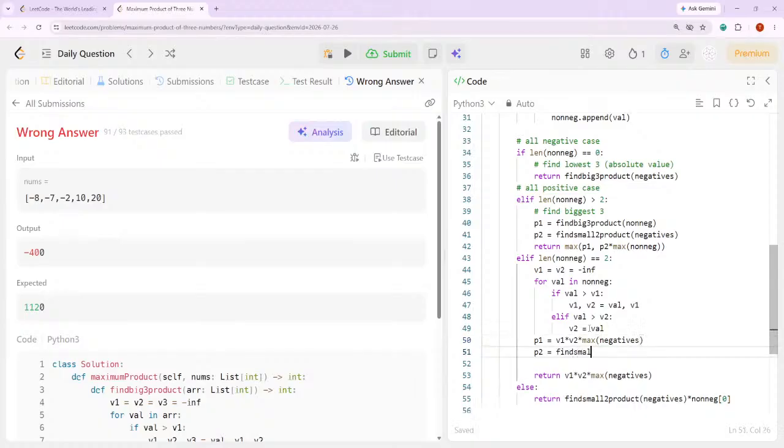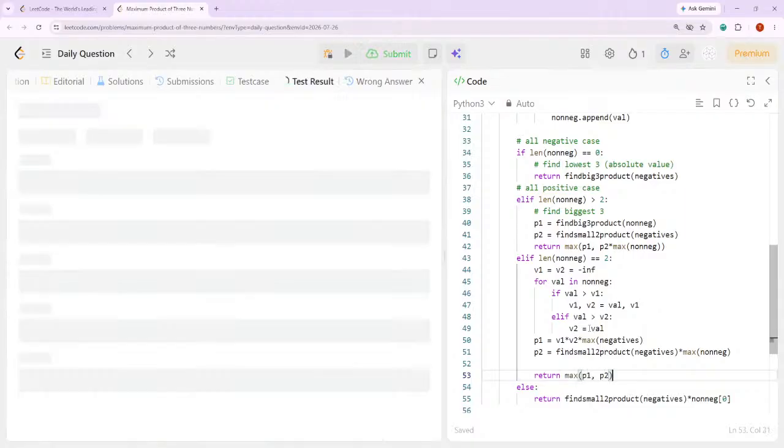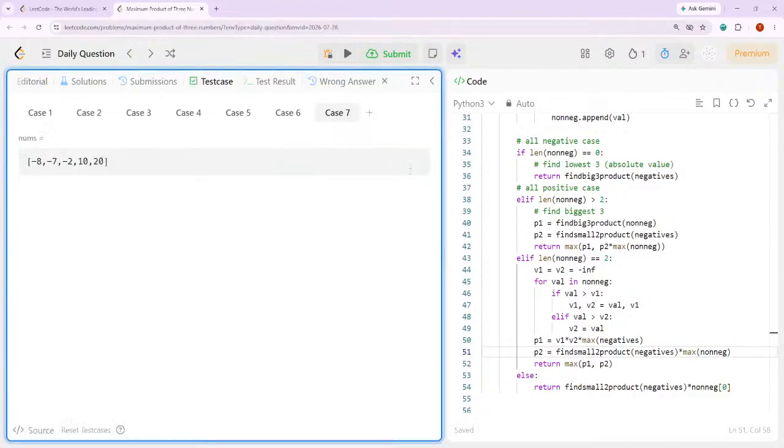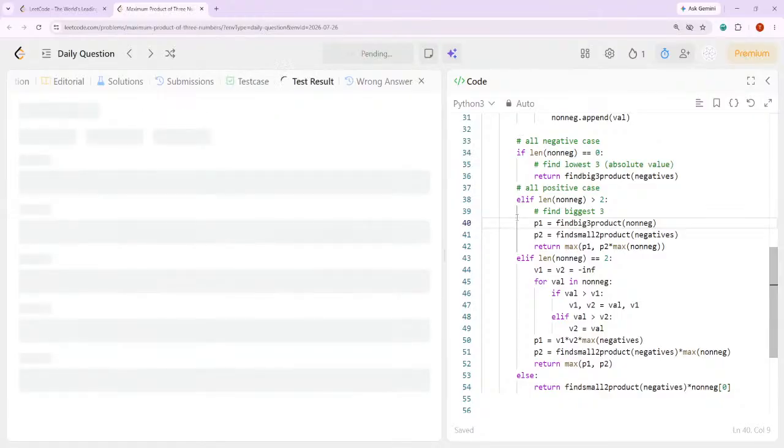And P2 is going to be find the smallest 2 product of the negatives times the minimum times the maximum of the non-negative, and then return the maximum between those two. Okay, please let it be over.